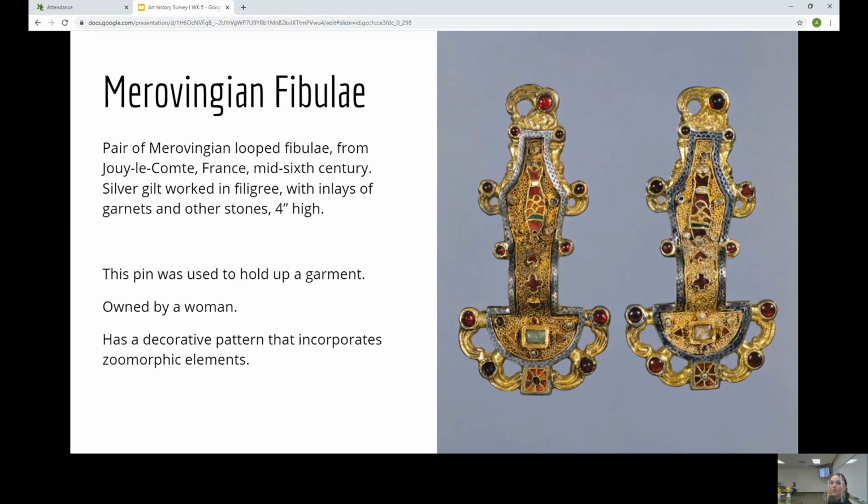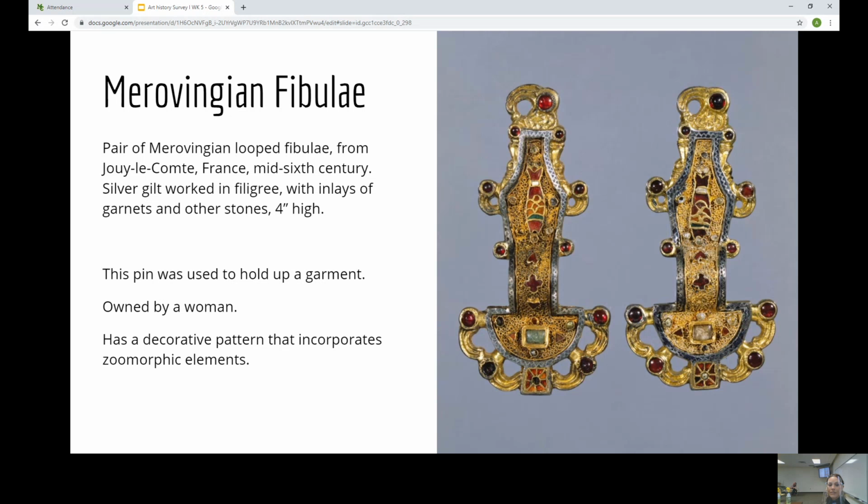It is silver gilt, so silver with gilt gold over top, and inlay of garnets, a very precious stone, and other precious stones in it as well. So this would have been owned by a very wealthy female member of the society, as fibulae were for women and their dresses. And they're, of course, a set of two.